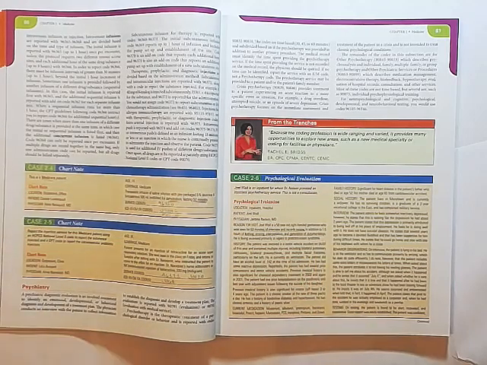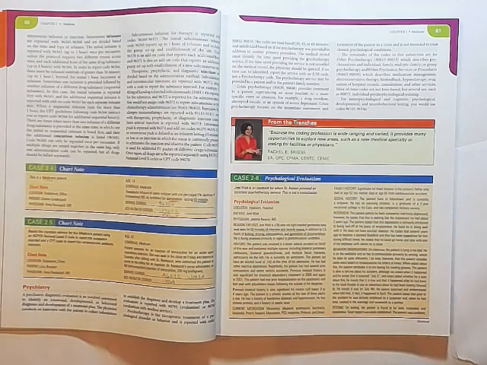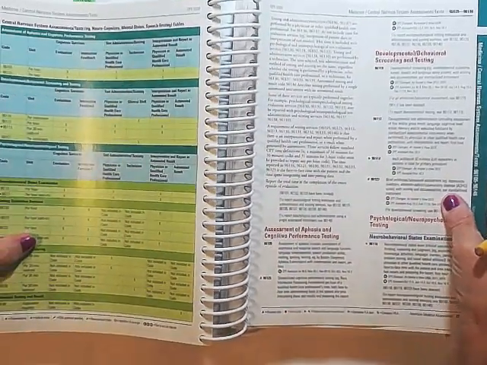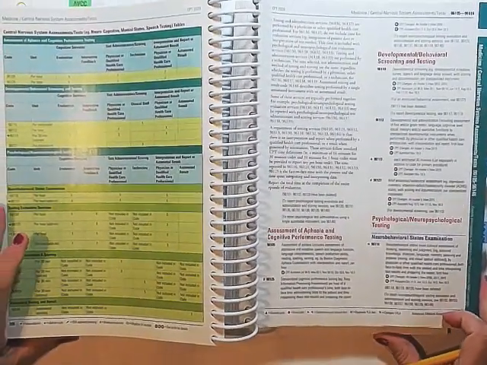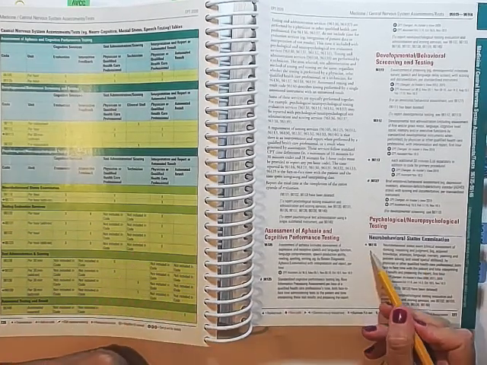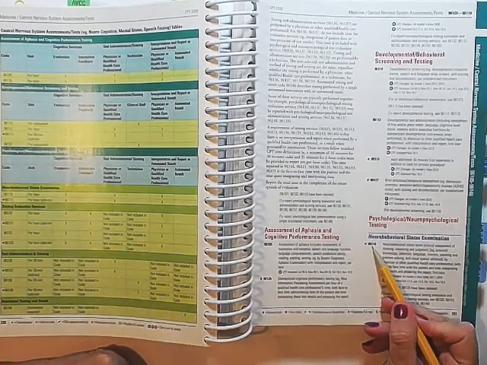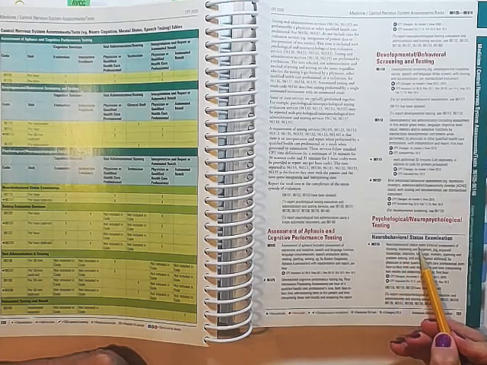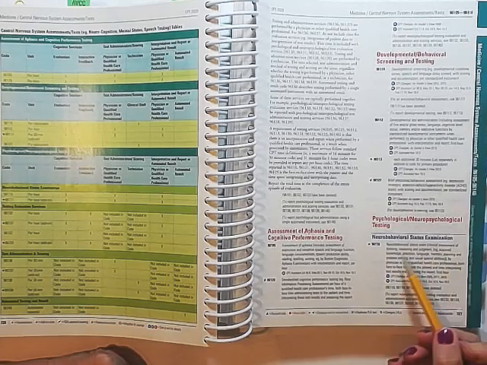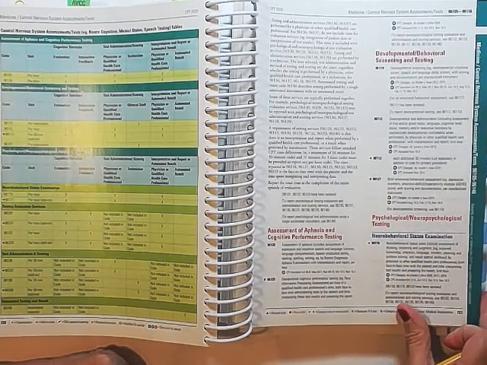So that's going to be, and instead of you watching me, I'm going to already have it, and then you won't see me flipping all those pages because that might be very distracting. So code 96116 is your neurobehavioral status exam. This is what they're talking about.